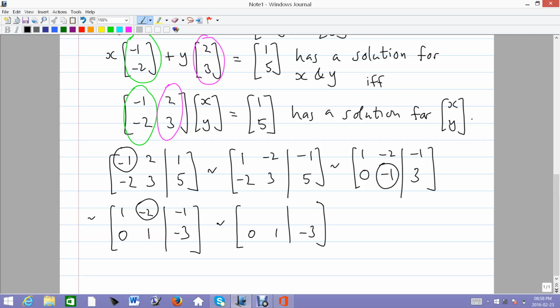And to achieve that, we replace row 1 by row 1 plus twice row 2. That gives -7, which yields the solution x is -7, y is -3.